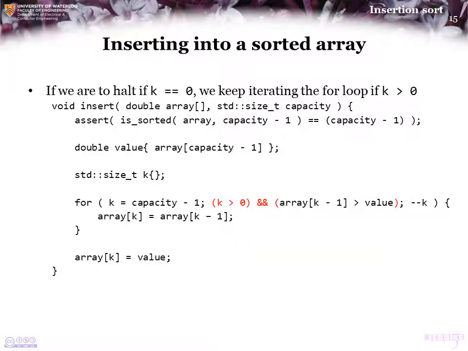All right, if we are to halt if k is equal to 0, then we should keep iterating if k is greater than 0. So we will continue iterating if k is greater than 0 and array entry k minus 1 is greater than the value. Now, notice that this condition actually relies on something we learned previously, short-circuit evaluation of logical operators.